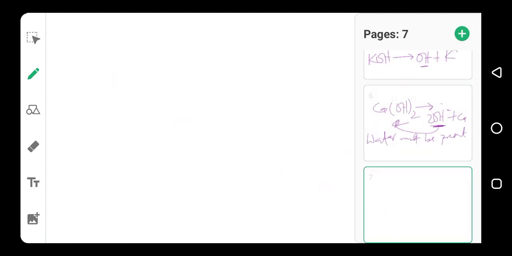Now, we have limitations with these Arrhenius theories.